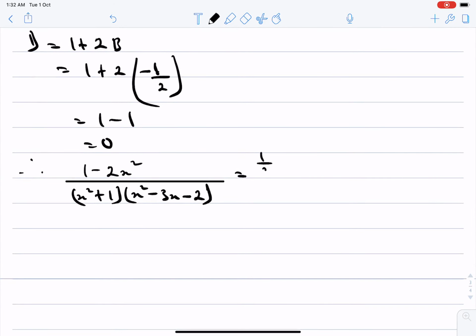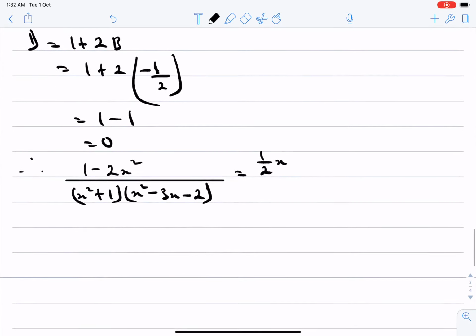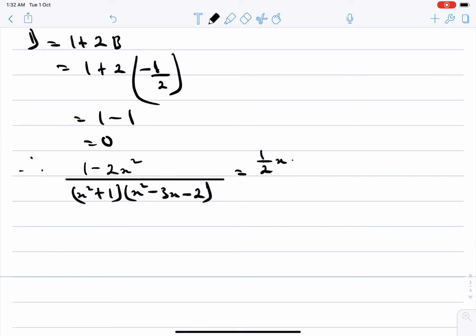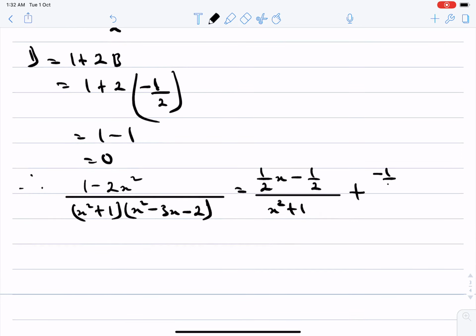That's 1 over 2x plus b. B is minus half. So that's minus 1 over 2, divided by x squared plus 1, plus cx. C is minus 1 over 2. That means minus 1 over 2x plus d, which is 0, divided by x squared minus 3x minus 2.